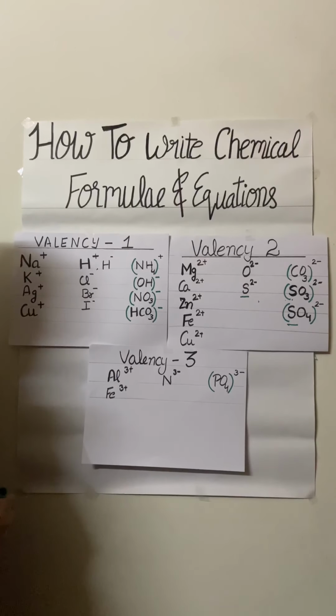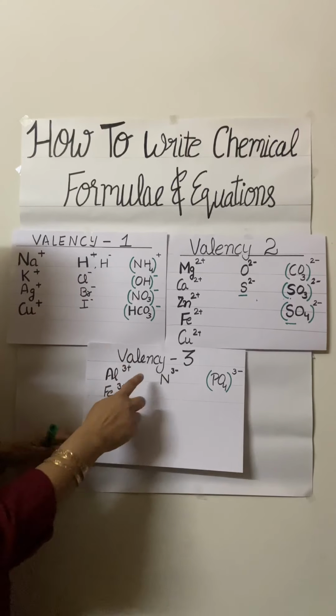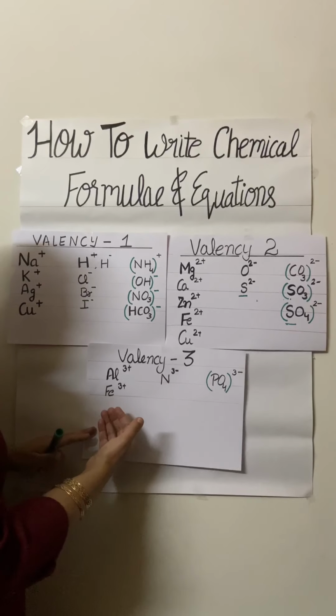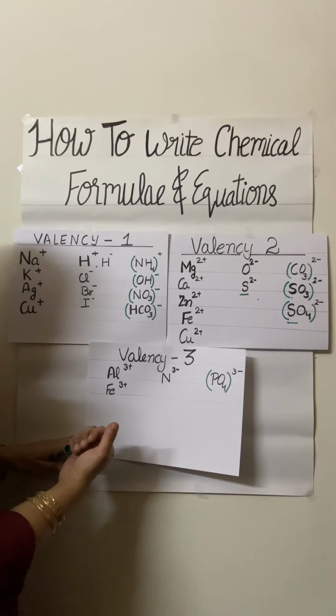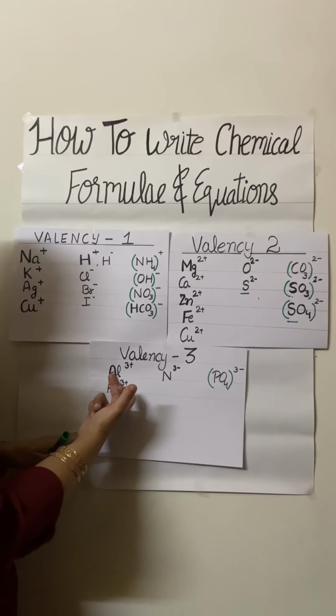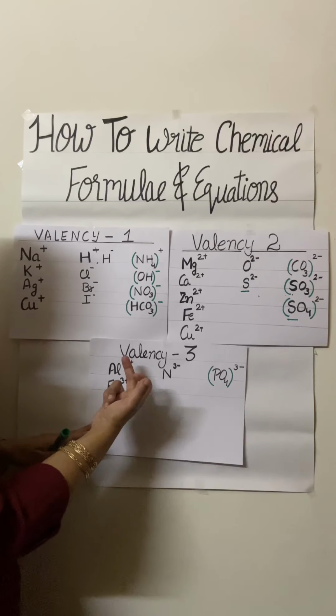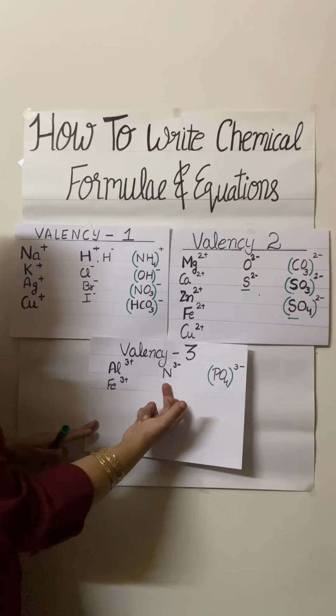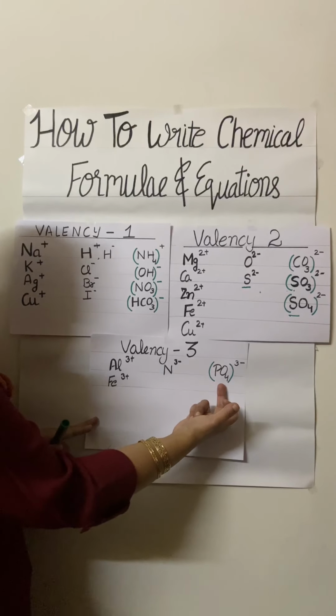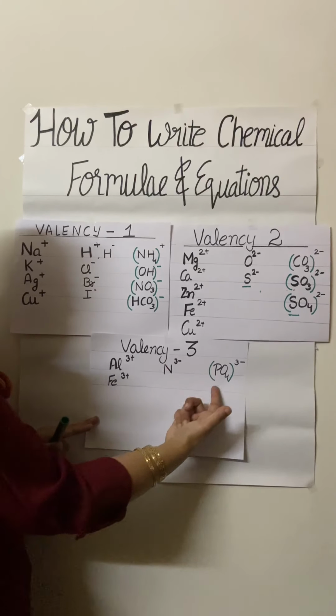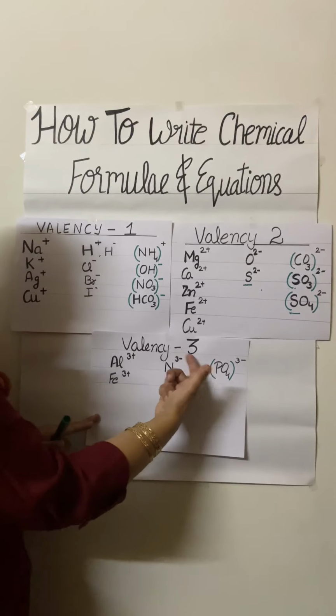Tip number 3: according to this table, in valency 3 we have only 4 ions to remember. That is aluminium ion, iron ion, then nitride and phosphate ion. Only 4 ions to be remembered in valency 3.